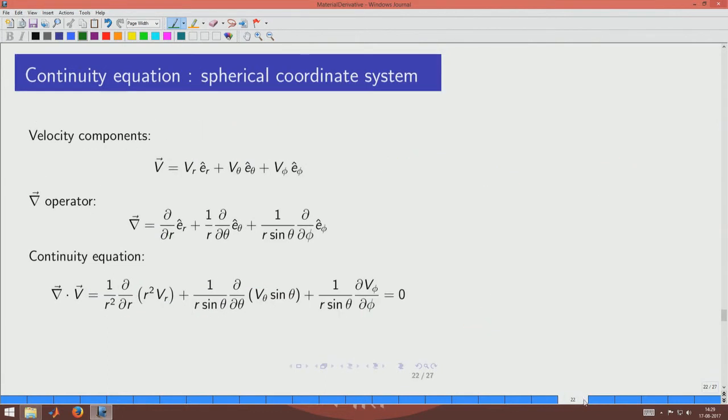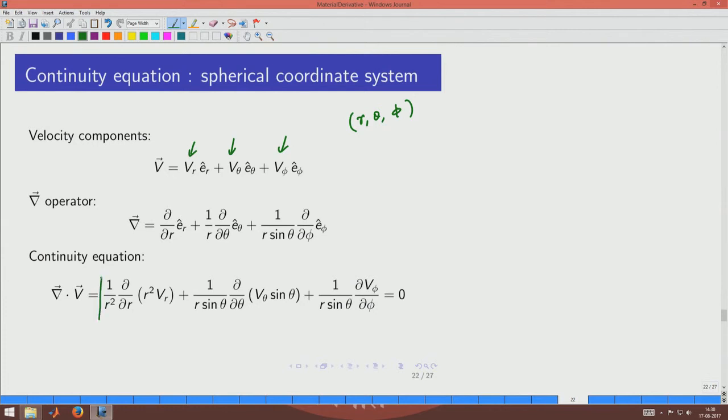So, similarly, you could also do it for spherical coordinate system, remembering that spherical coordinate system is defined by r, theta and phi. So, the azimuthal angle, the angle theta and r, and accordingly the components are given here and the unit vectors are given, and you have the operator defined, and you can look it up from any of the maths handbooks. Then you act upon them and remember that there are some cross terms that will be possible.